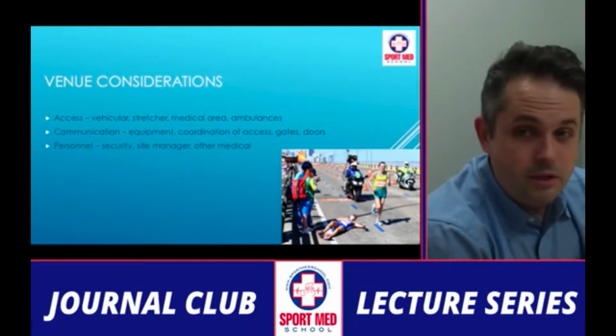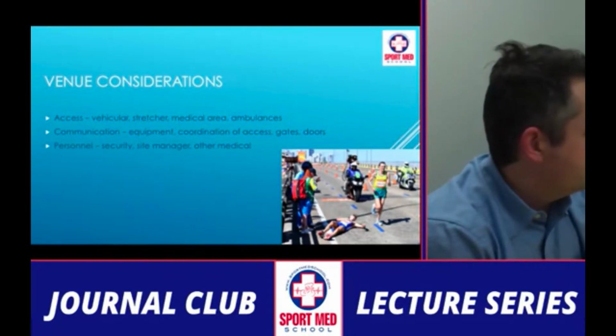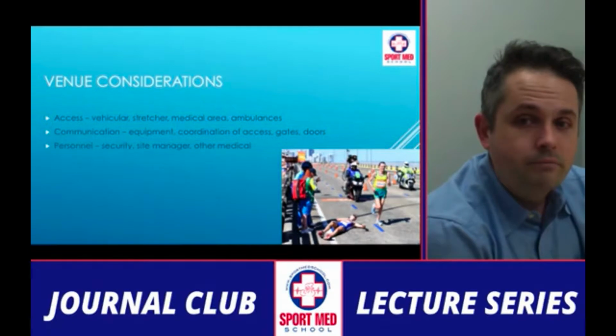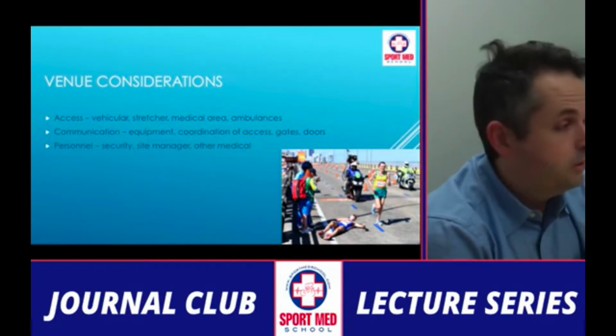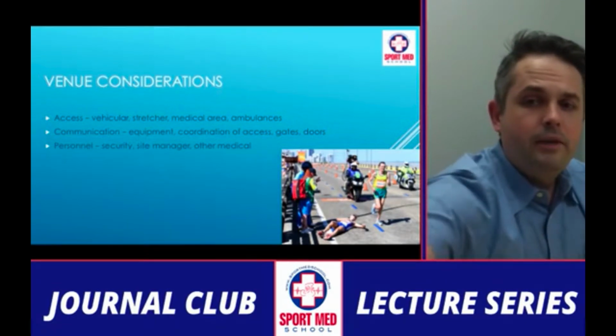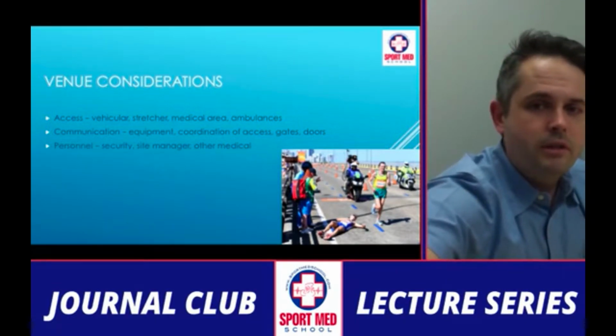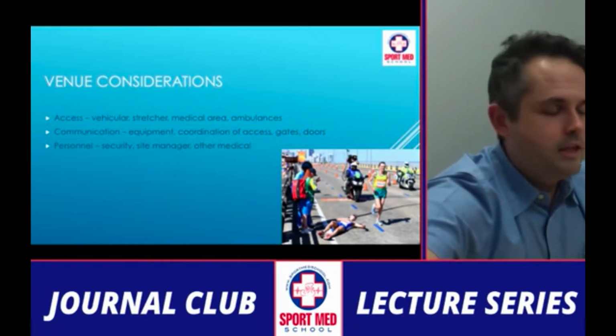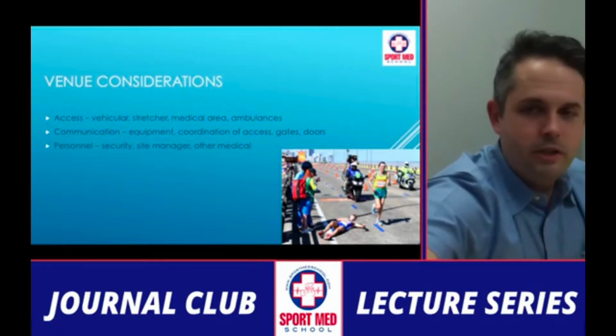And then there's natural disasters, fires, and a number of other things that have to be considered as well, where you may be involved in caring for the athletes in terms of evacuation. So, yeah, there are numerous considerations, and it's okay to have a bit of an imagination when coming up with the emergency action plan.